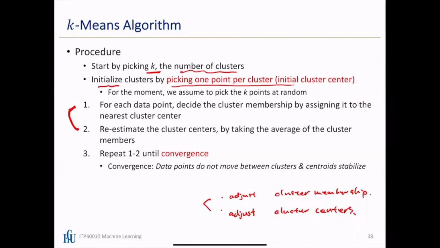So membership, then centroid. If you do so again and again, the cluster centers will not move anymore. That is what convergence means. The cluster centers are converging to a specific point. That is when you want to stop. Like we discussed, number 3 is guaranteed, so your algorithm will converge at some point.